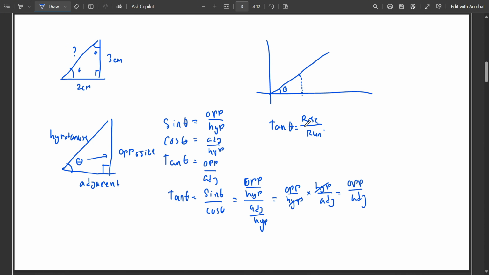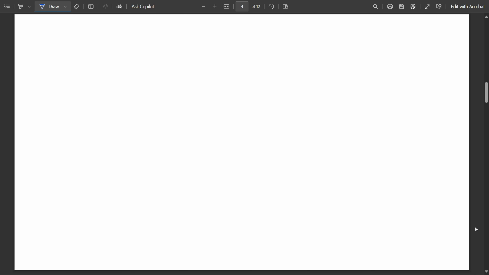Let's get into some practice. Let's say we have a right triangle here, and we have this length, which is the adjacent, 5 centimeters, and we don't know this one, so we call it x, and this is y.